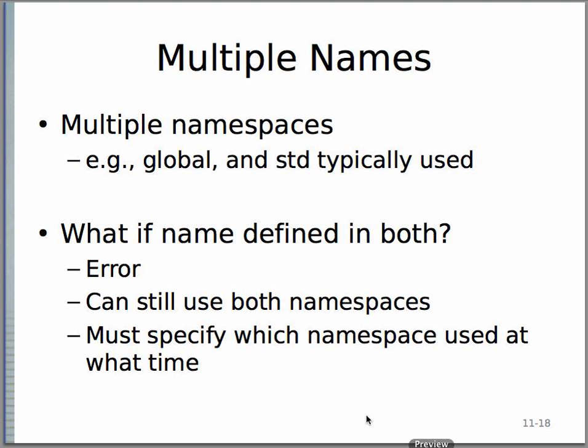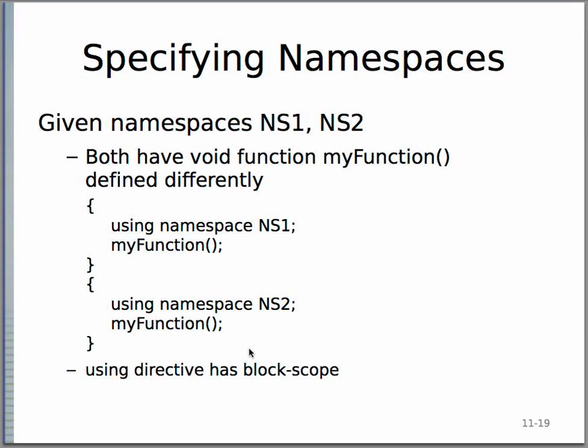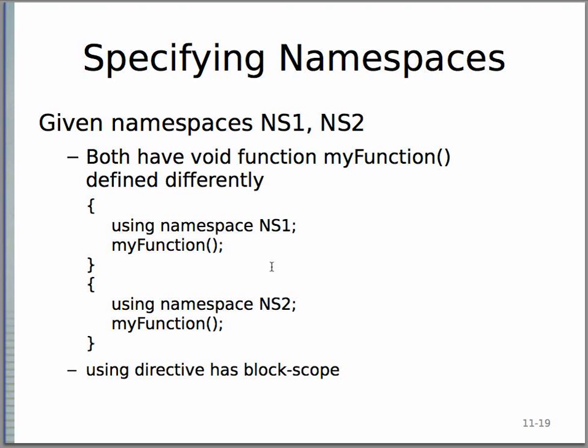Okay. So what if a name is defined in both? You might get an error if you try to use it. You can still use both namespaces, but you must specify which namespace is used. So there's a bunch of examples of namespaces. Let's say you have one block in which you use namespace ns1.